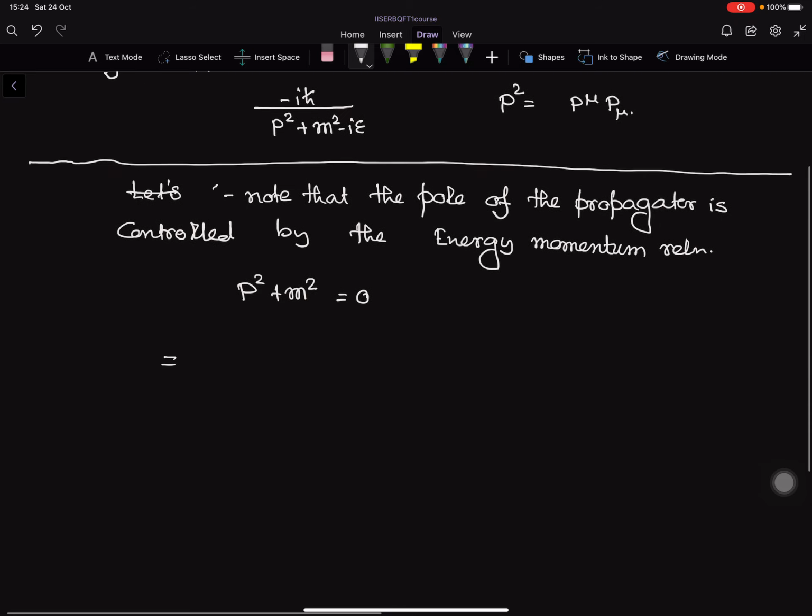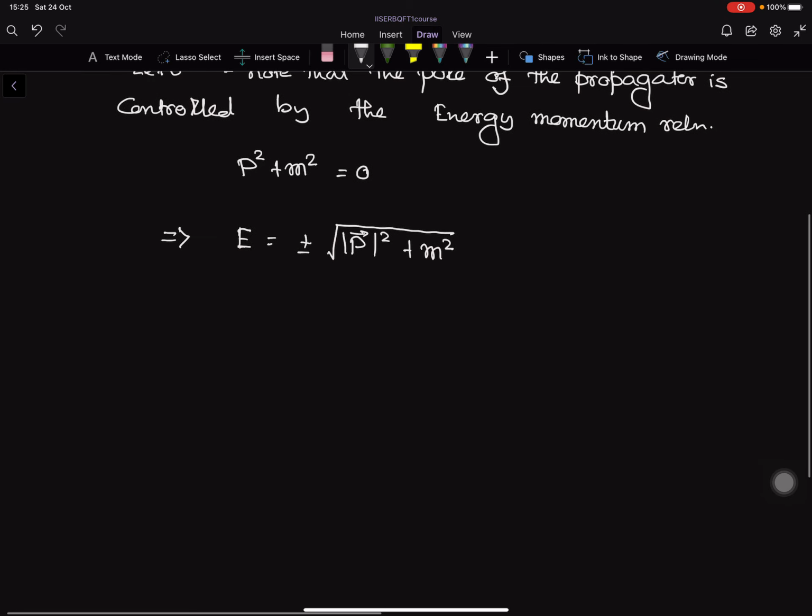So this implies that, and this is true for all relativistic theories, the energy has two solutions. Both the signs are allowed.